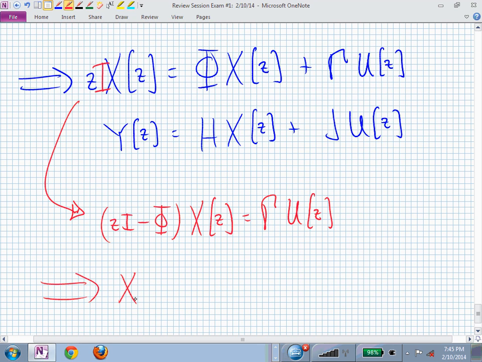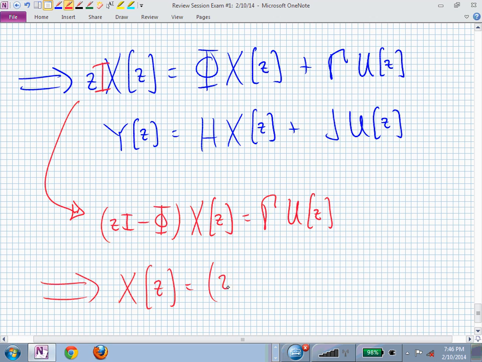And I can now solve for the z transform of my state vector, capital X of z, by hitting, and now these are matrices, so I have to be careful with my multiplications. They don't necessarily commute. I'm going to hit everything on the left by the inverse of zI minus phi. That then gets knocked away.